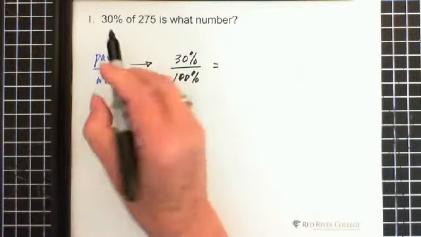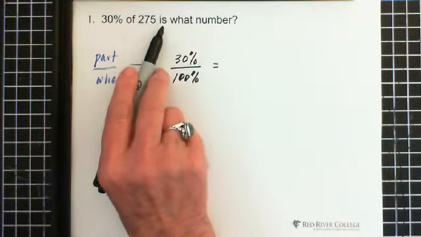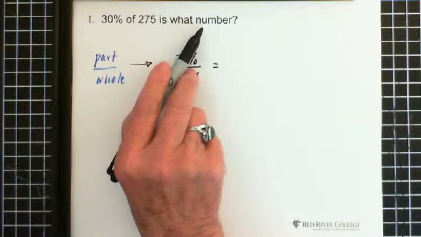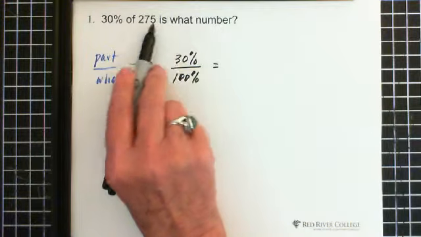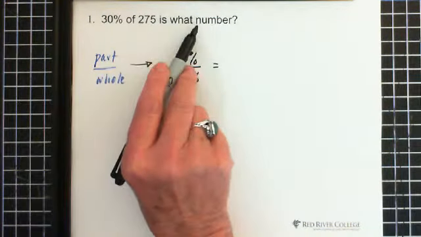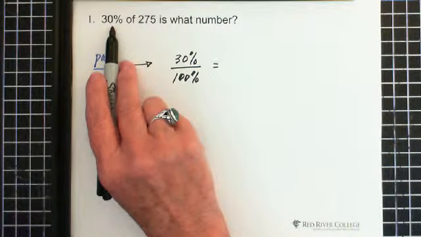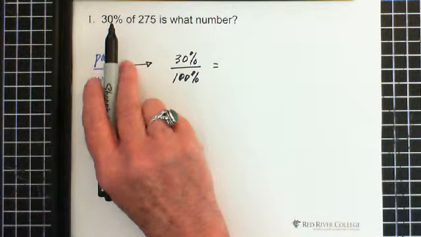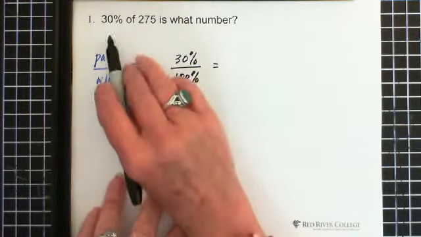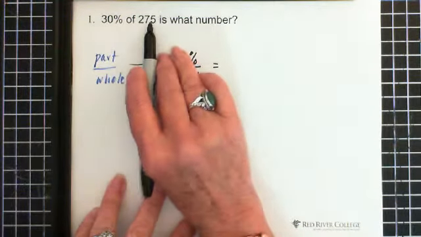Now, the question is saying 30% of something is what number? What we need to do is figure out, is 275 the whole or the part? And sometimes we have to read the question 2 or 3 times and just really listen to the words to get the idea of which one is the whole or the part. Sometimes what helps me is just to change the words.